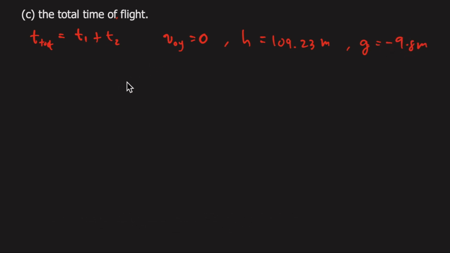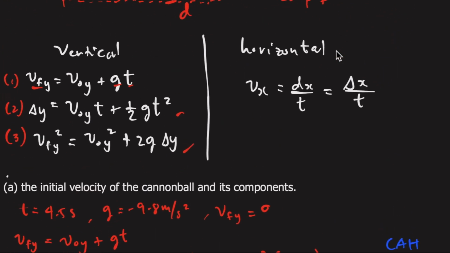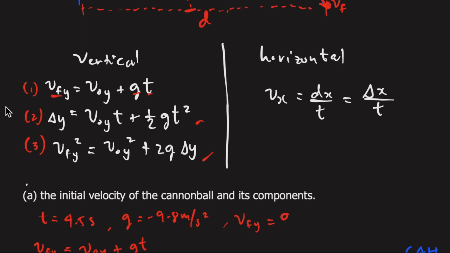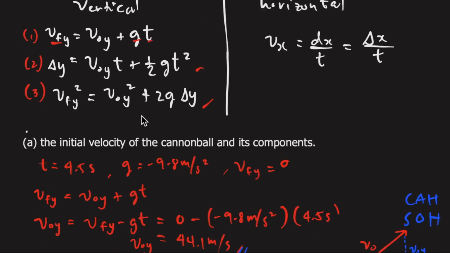Now we have to use an equation that has these values. So we can choose from these equations. Okay, but this time we don't have VF, right? So our only choice is to use delta y, the second equation, delta y is equal to v naught y t plus 1/2 gt squared.